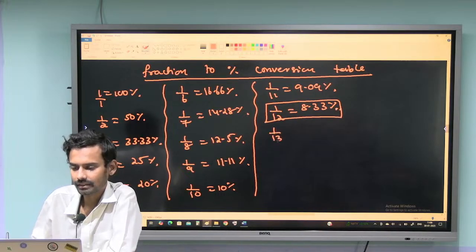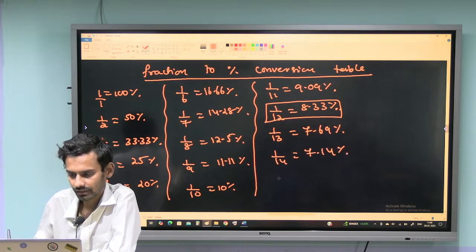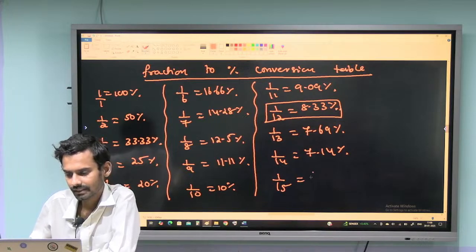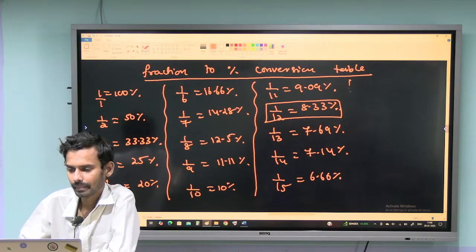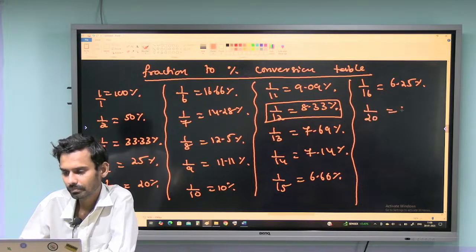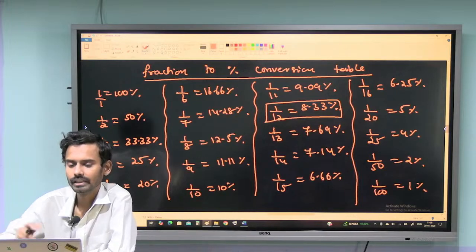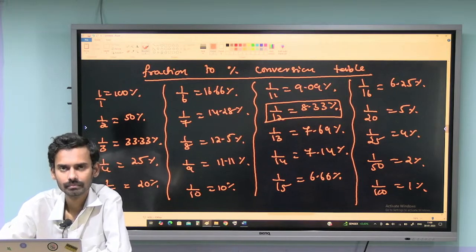Then 1 by 13, 7.69%. 1 by 14, 7.14%. 1 by 15 will be 6.66%. 1 by 16, 6.25%. 1 by 20, 5%. 1 by 25, 4%. 1 by 50, 2%. 1 by 100, 1%.